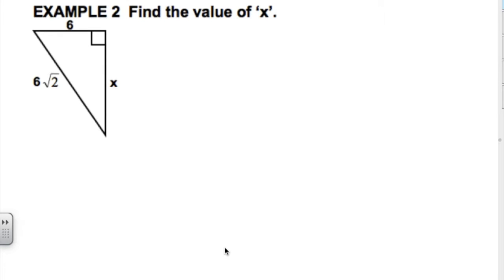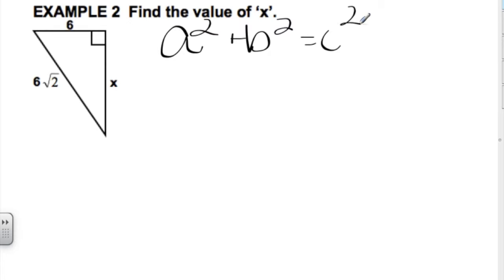Alright, now let's look at example 2. Find the value of x. Again, I know I have a right triangle, so I'm going to use a squared plus b squared equals c squared. Label your A, B, and C. Notice on this one, the L is the 6 and the x.